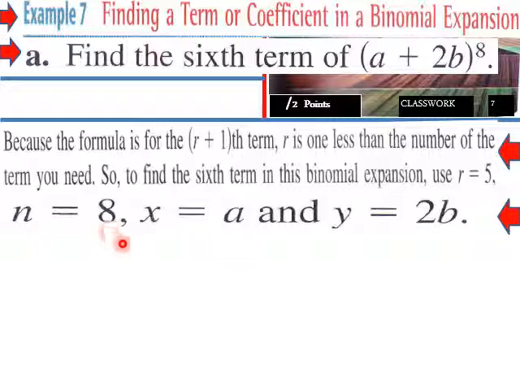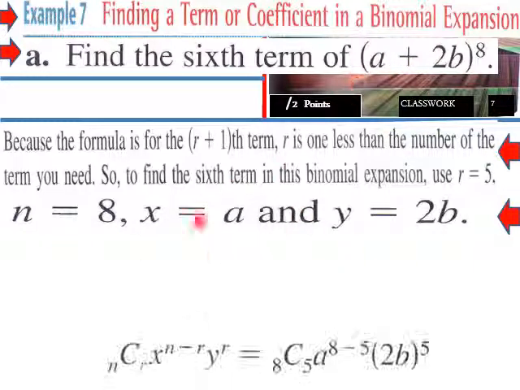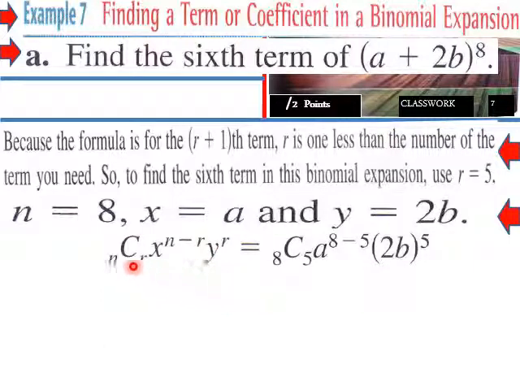So n equals 8, x equals a, and y equals 2b in this expression up here. So now we have all of our terms. Here's our formula. Then we plug in 8C5, a to the 8 minus 5, 2b to the 5th. That will give us our sixth term here.